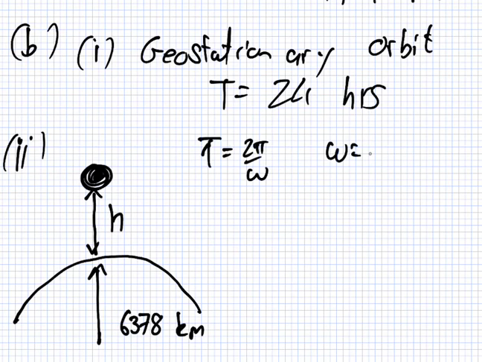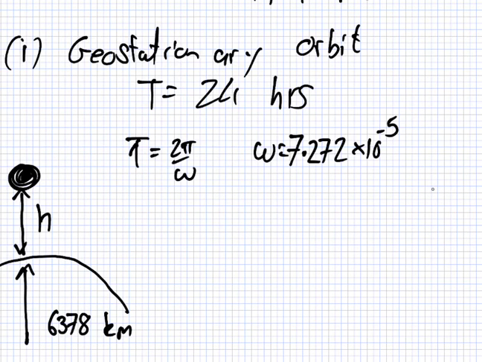Let's do that first. 2 pi over T, which is 24 times 3,600, very small, 7.272 times 10 to the minus 5 radians per second.